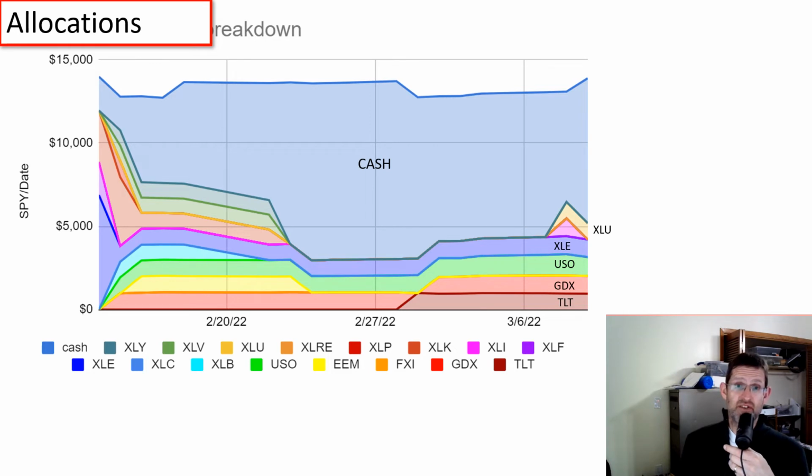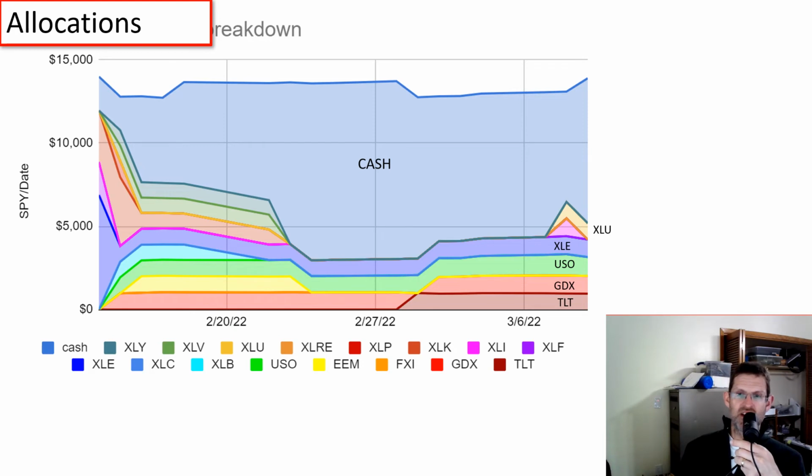So what am I in right now? This is a complicated plot, but it just shows what I'm allocated in as a function of time. When I started, before Ukraine heated up, I was allocated in more securities. But as Ukraine came on, everything went bearish, so I was mostly in cash.